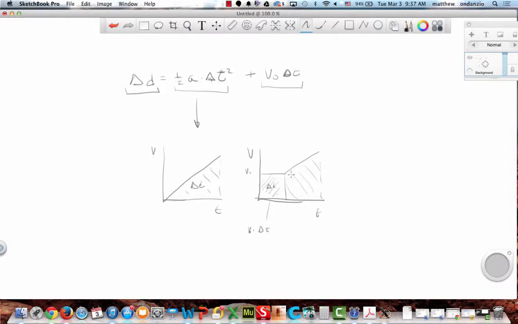It's a trapezoid. But you can look at it this way. It's this acceleration portion, that delta d, plus the delta distance if I kept at that same speed. Do you follow what I'm saying? These bottom 2 rectangles represent the distance I would travel if I never decided to pass the truck.